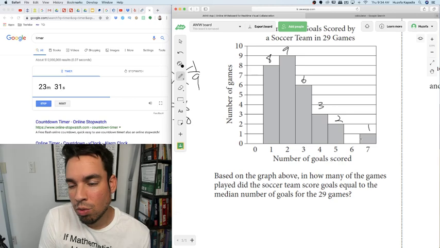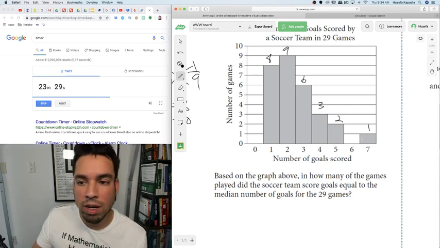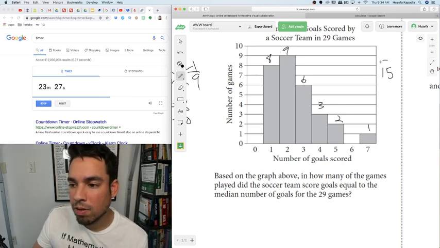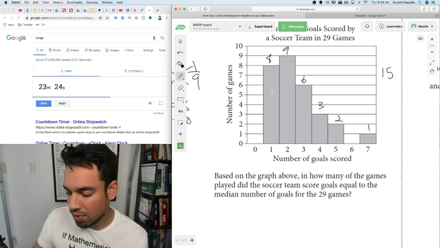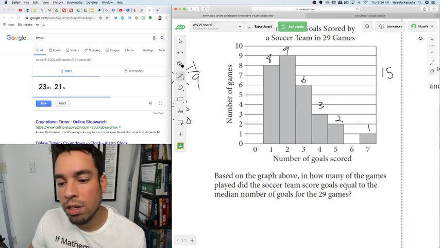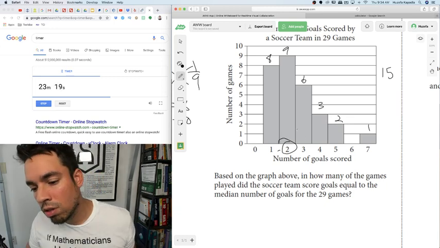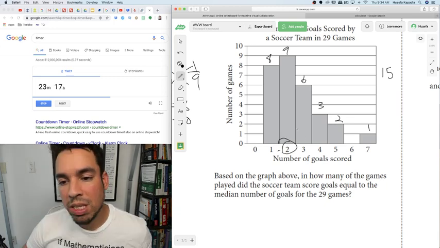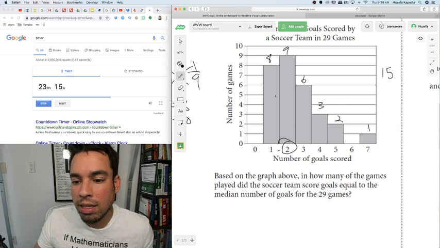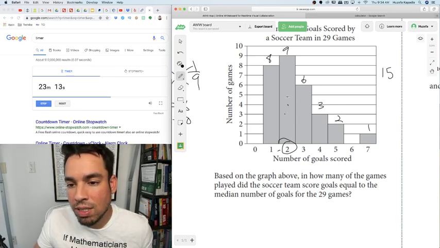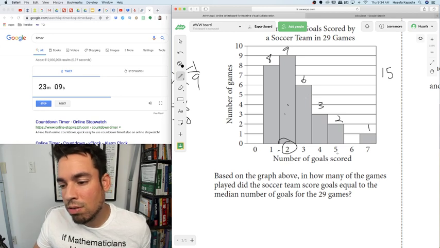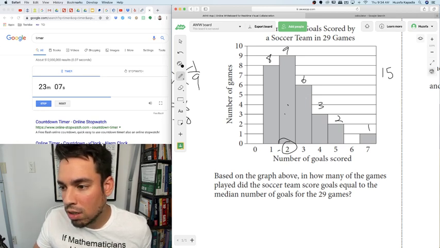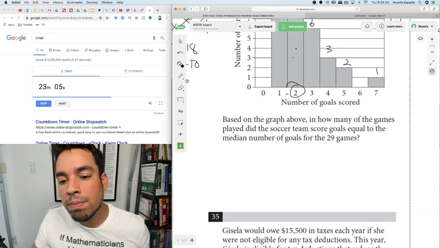Okay, the median in 29 games will occur at the 15th game. Oh, I shouldn't circle 15. So the 15th game occurs right here at 2 goals. So we know that the 15th is 2, and how many scored it is 9.